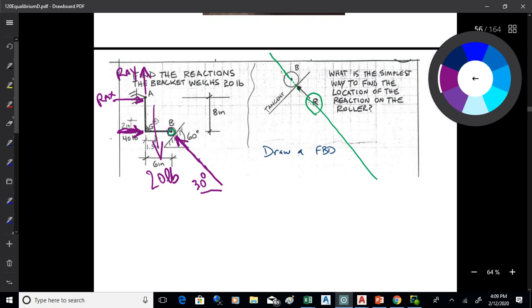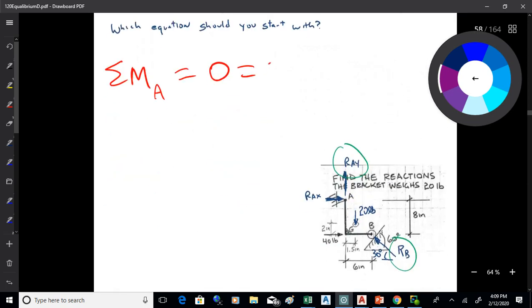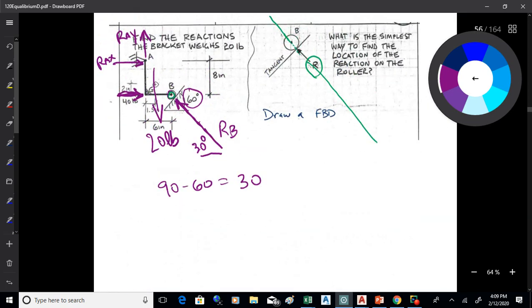We have the 20-pound weight of the bracket, and then we have the reaction coming up on the roller at B. Now the ramp is 60 degrees, so we take 90 minus the 60, and that's where that 30-degree angle comes from for the reactive force at B. So there's our free body diagram.